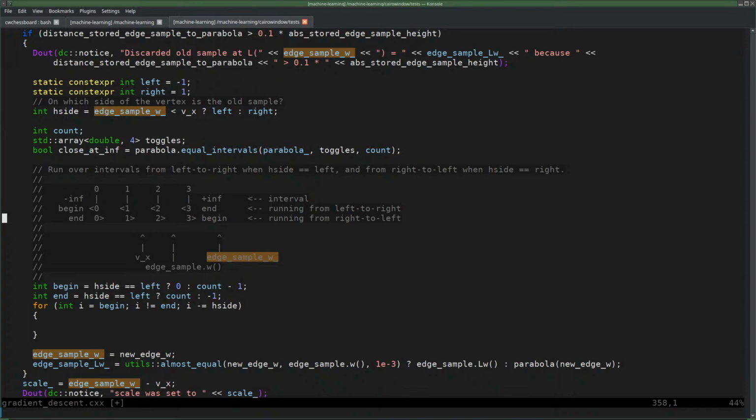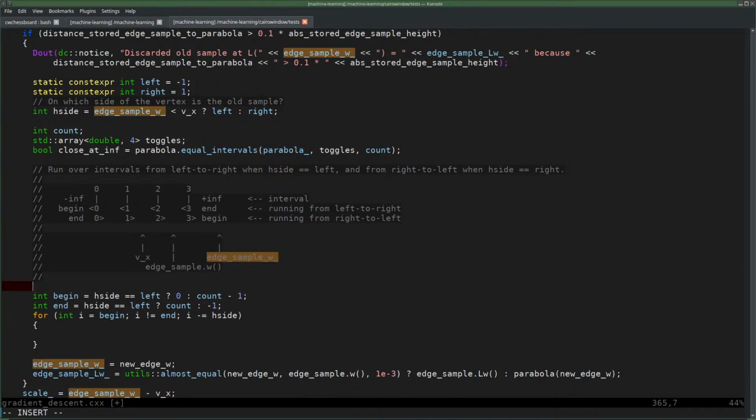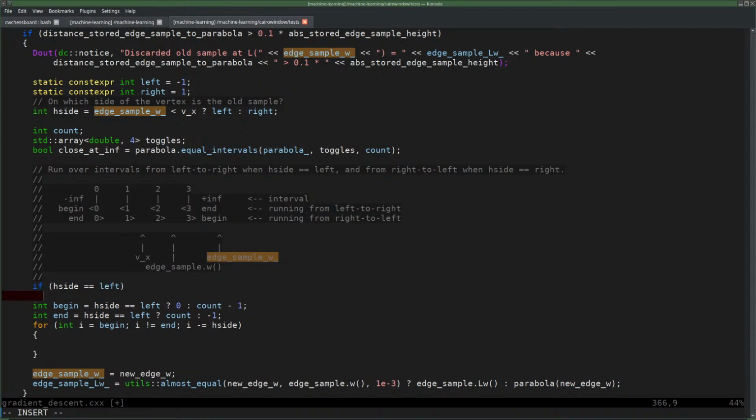I'm going to duplicate code because I can't totally understand this. I'm not doing it at the same time from left to right and right to left. So if each side equals left. Let's begin with left.